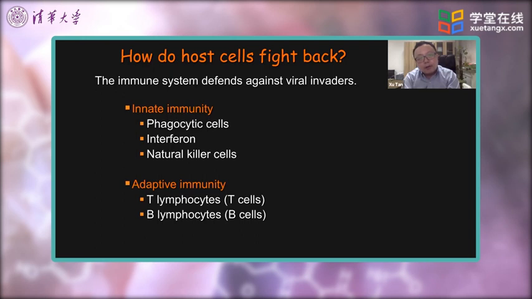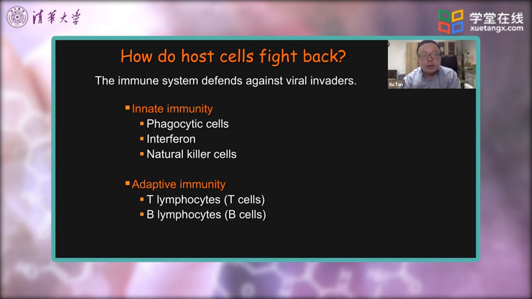Our human immune system is the main system responsible for this defense. It can be classified into the innate immune system as well as the adaptive immune system. The innate immune system has different mechanisms, such as engulfing virus particles or bacteria using so-called phagocytic cells.